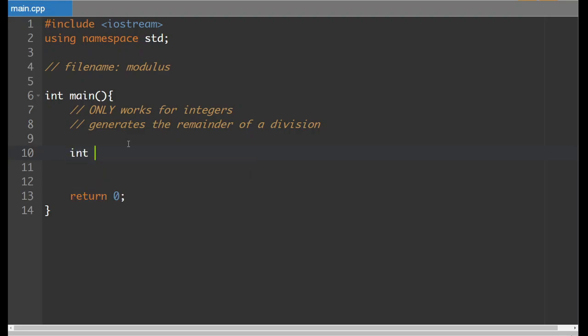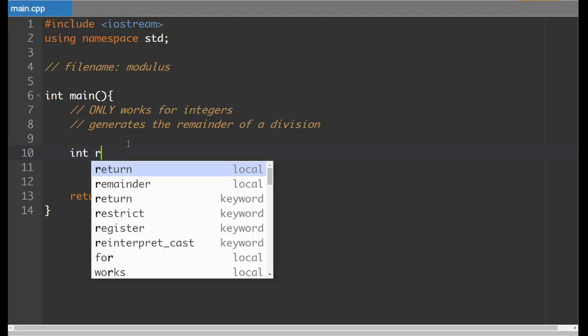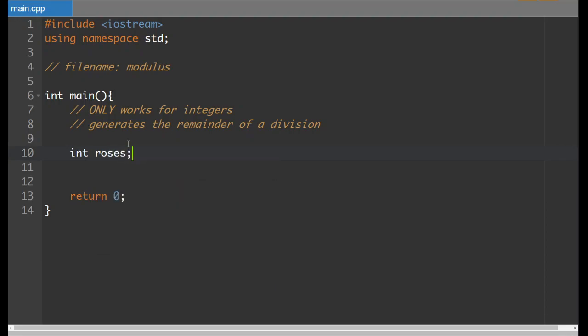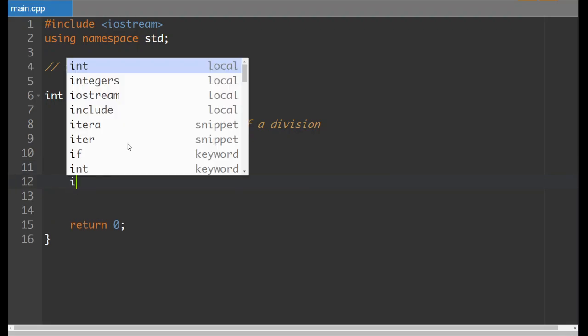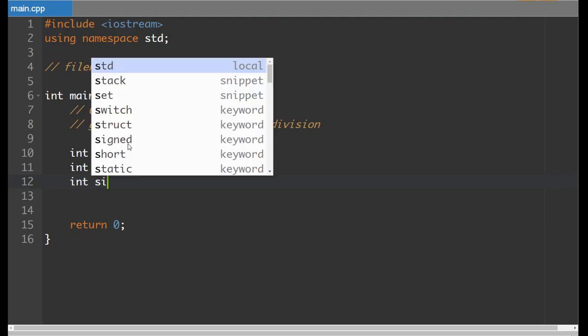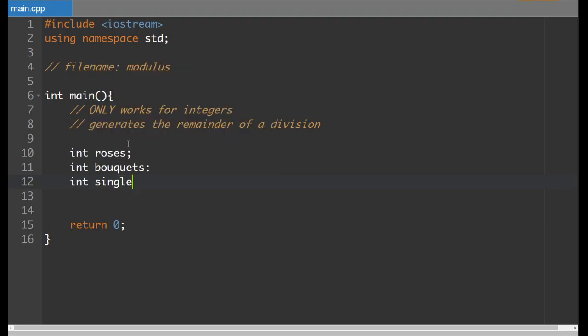So imagine that we had some number of roses and then some number of bouquets of those roses. And then in addition, some number of single leftover roses. Whoops, this is a semicolon.